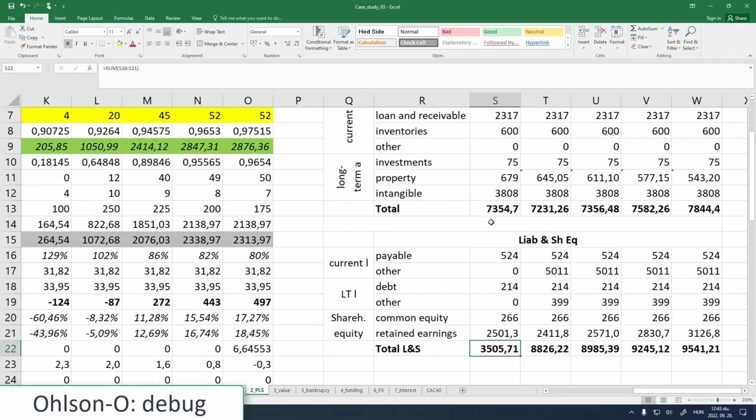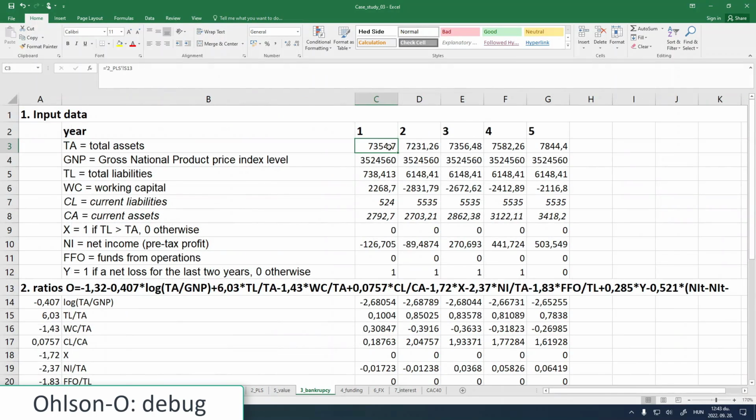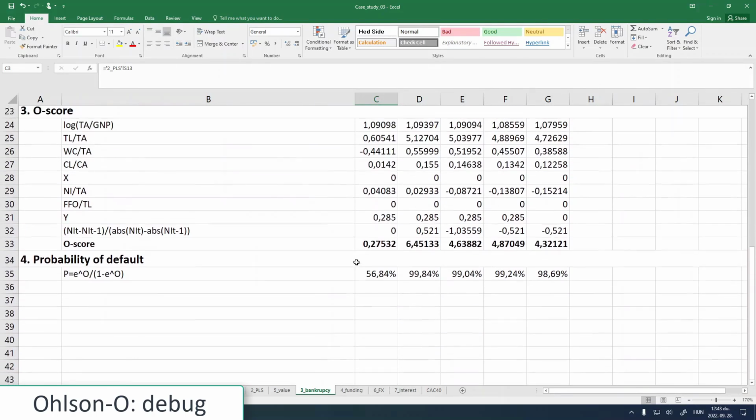Oh my god. At an accounting lecture, I would fail, because they are absolutely not talking to each other. This one is way smaller, this one is way bigger. So that's why we are using total assets or ratios.